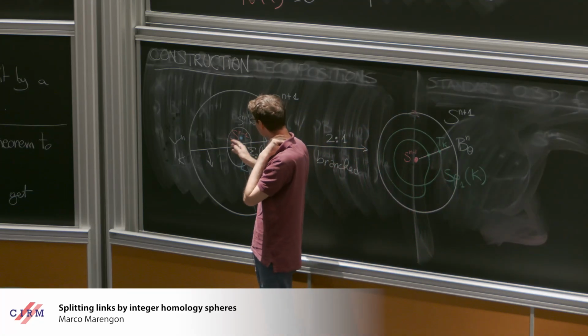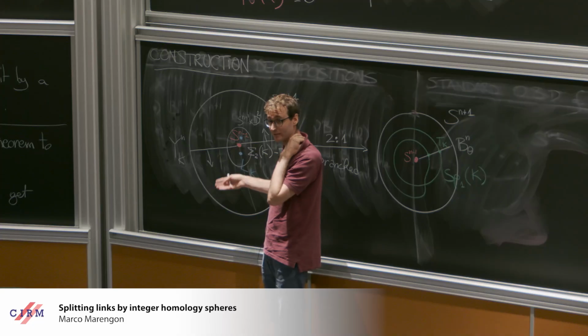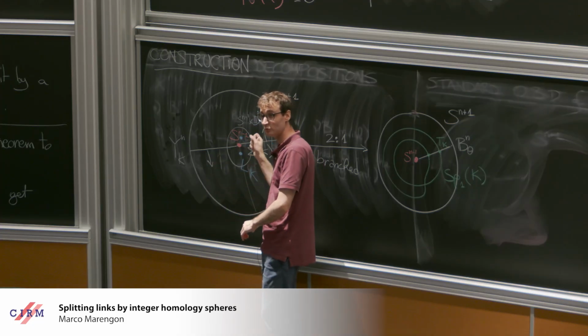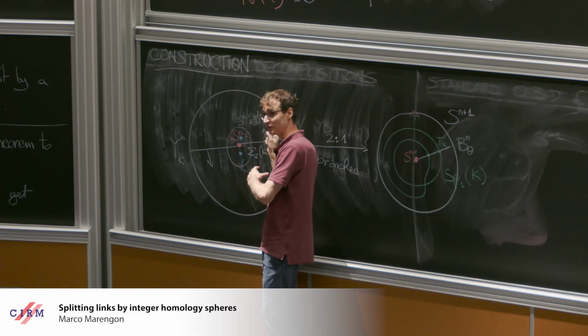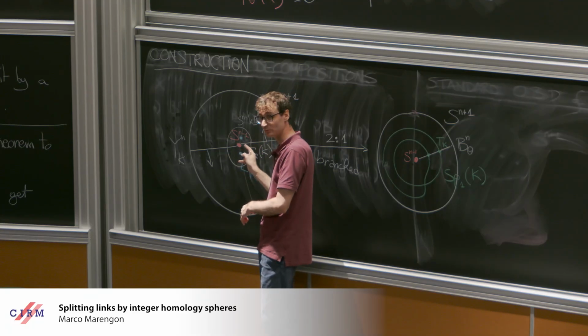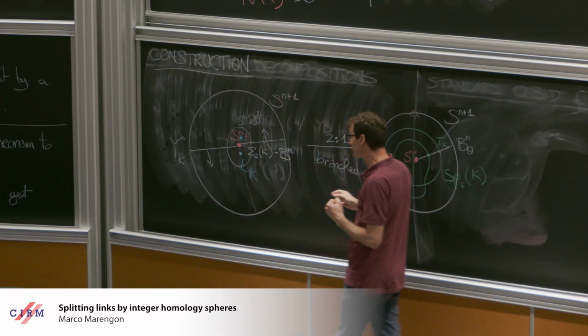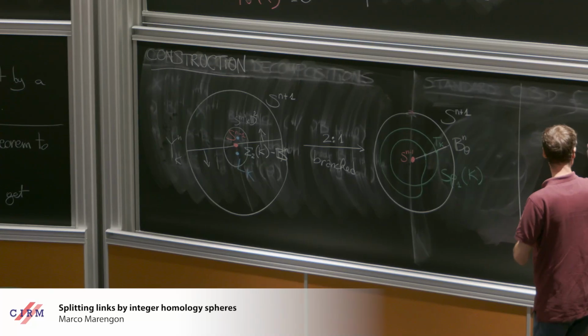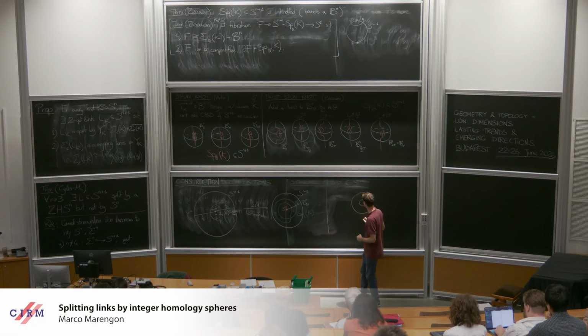And now if we ignore the S^{n-1} factor, because it's a product, then what we are doing is just on the D^2 side, and we are taking the double branched cover of a D^2 over 2 points. So the double branched cover of a D^2 over 2 points is an annulus.